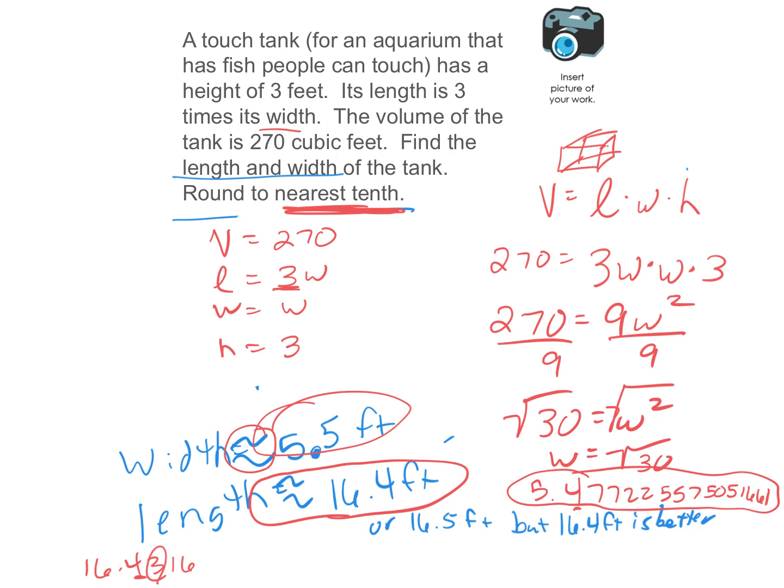So we try to be as accurate as possible. And of course I should write a sentence. The tank has a width of about 5.5 feet and length of about 16.4 feet. Because we rounded, and you don't want to be this messy when you write over it like that.